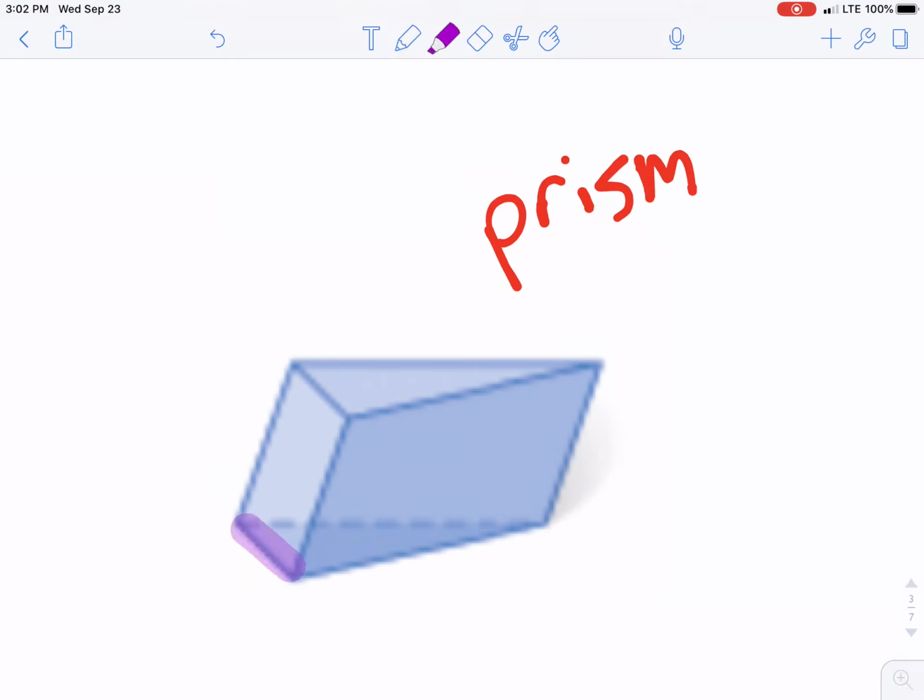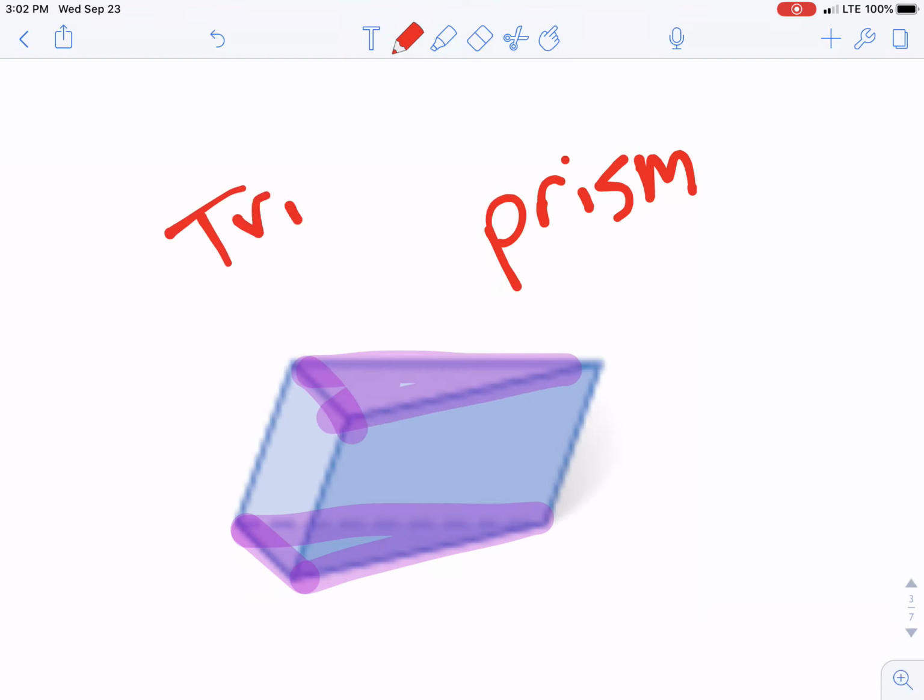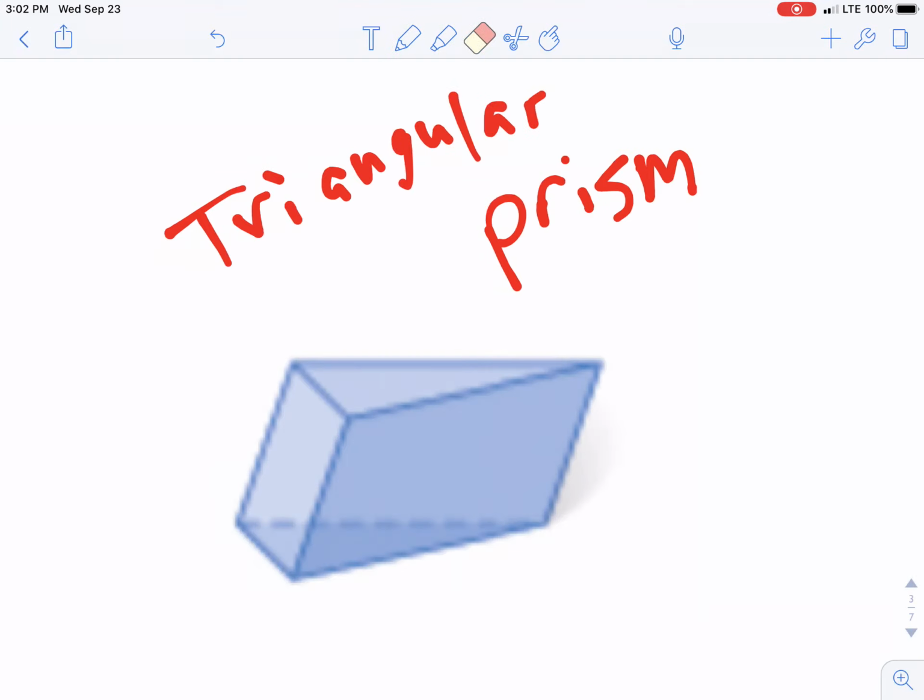And then we're going to find the triangles. We're going to call those our bases. So this would be a triangular prism.